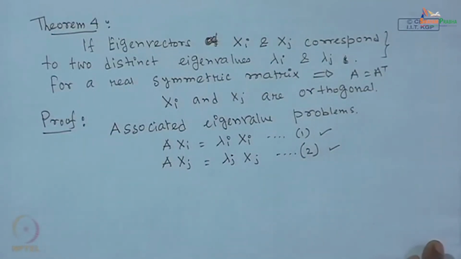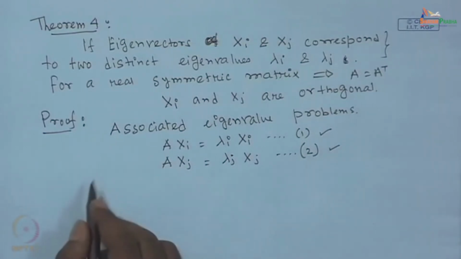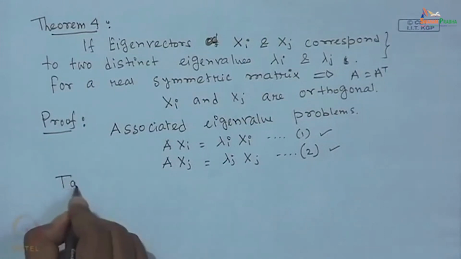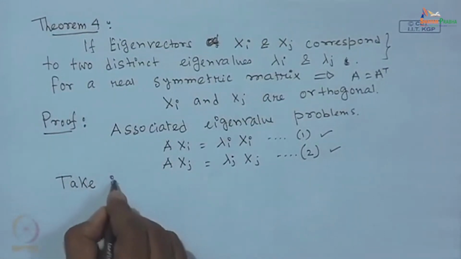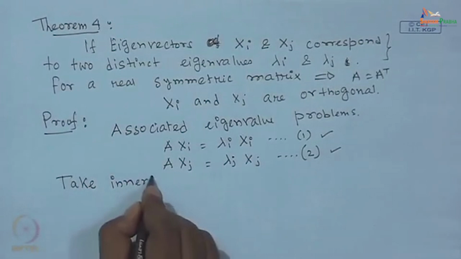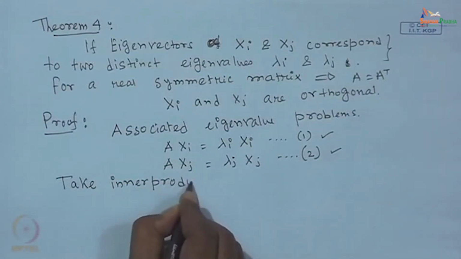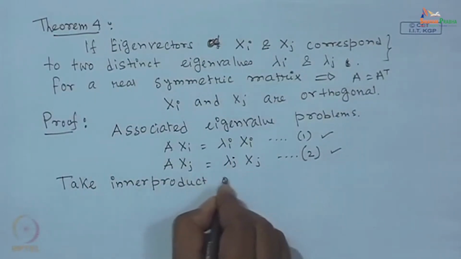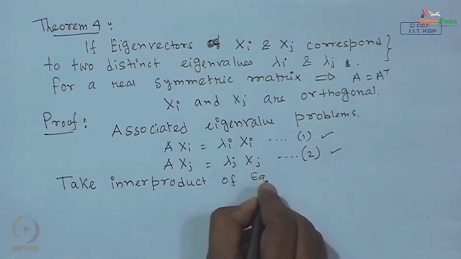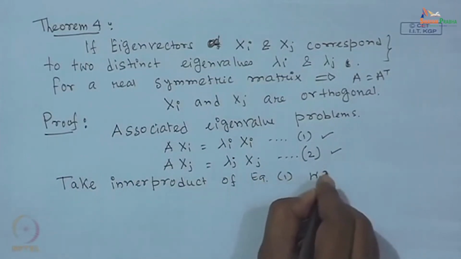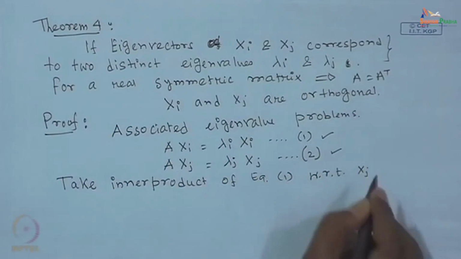Then what we do? We take the inner product of equation 1 with respect to x j.